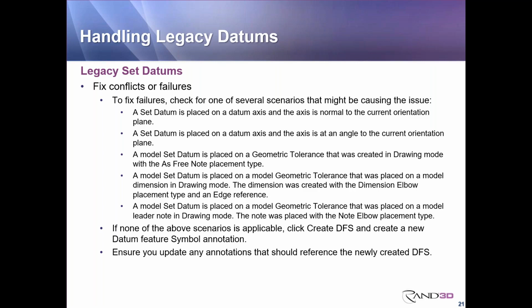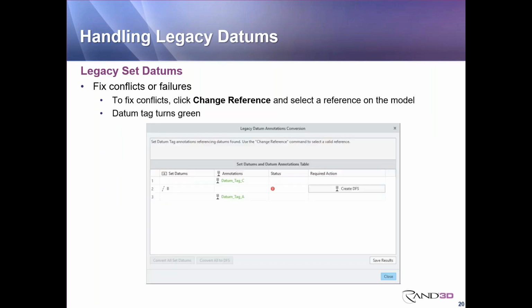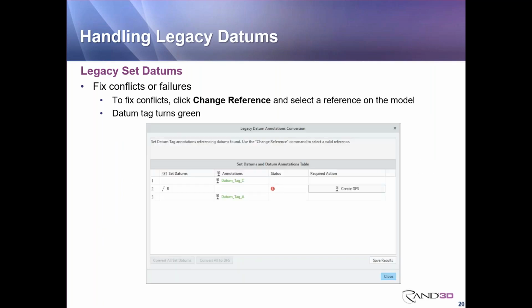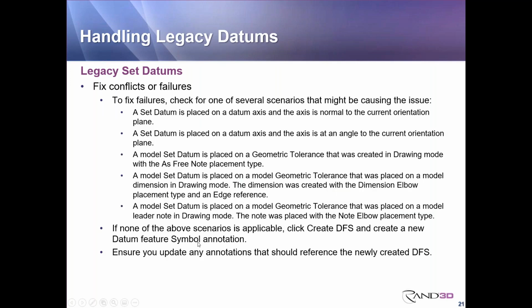And then you can go back to that Legacy Datum Annotations Conversion environment and click on that Convert All Set Datums button in the lower left corner of the box, and convert any legacy set datums to Set Datum Tag annotations from there.